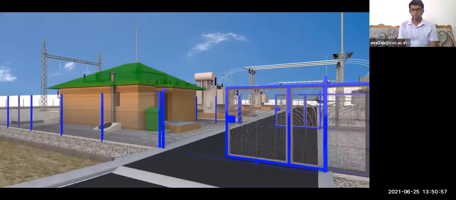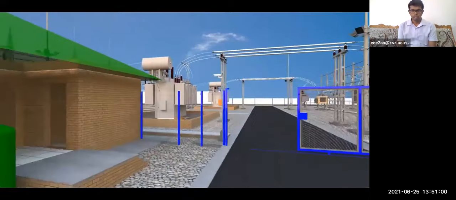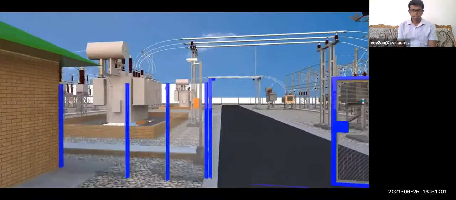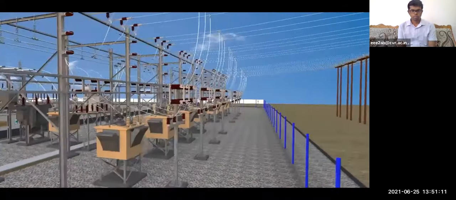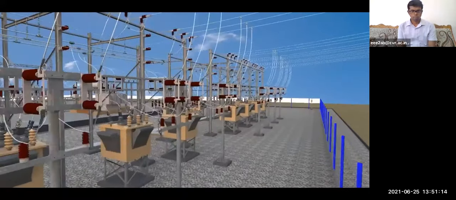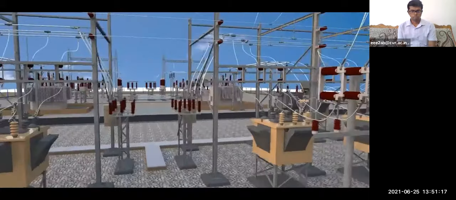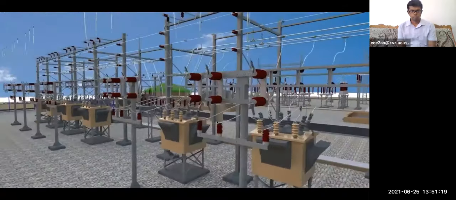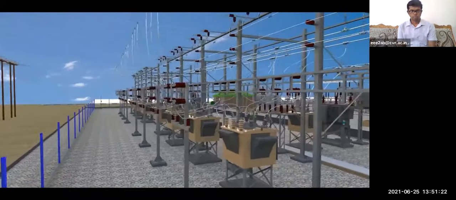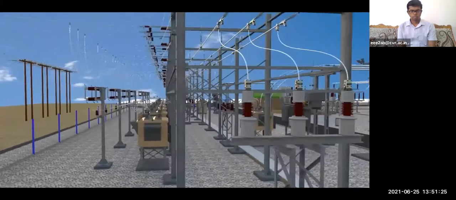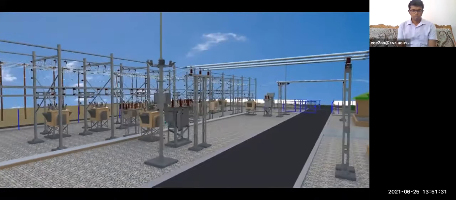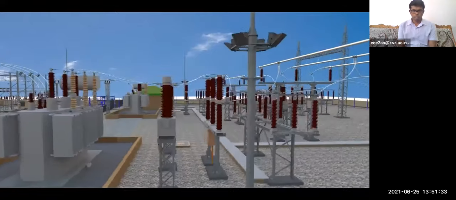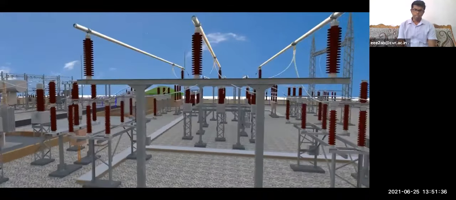This is the 3D modeling of a substation. See, almost anywhere in the world, if you visit any substation, it will be like this only.